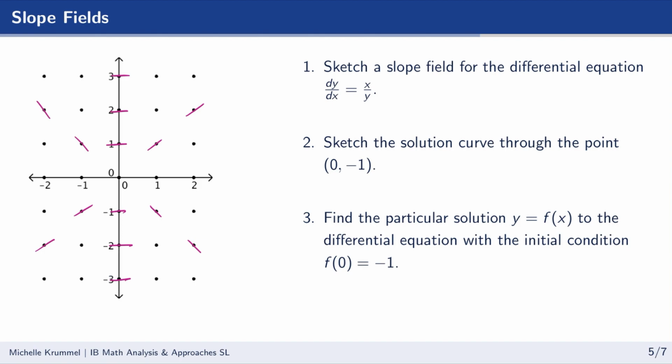So let's start in quadrant 2. I'll just start in the upper left-hand corner. Negative 2 and 3, the slope is going to be negative 2/3. So for negative 2/3, I'm visualizing, okay, from right here, I'm going to go down 2 and right 3, and that's going to give me the angle. And so I'll draw my slope mark at that angle right there.